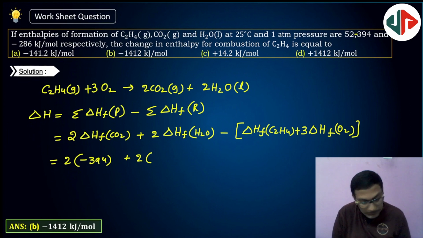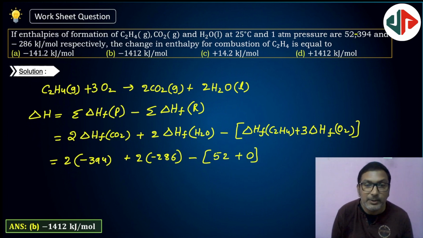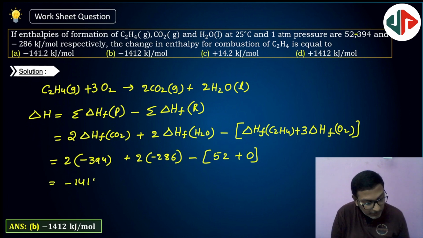Plus 2 into minus 286, minus of here 52, plus 0. Standard formation of O2 is 0. You get this value as minus 1412 kilojoules per mole.